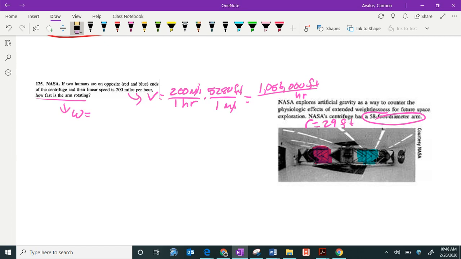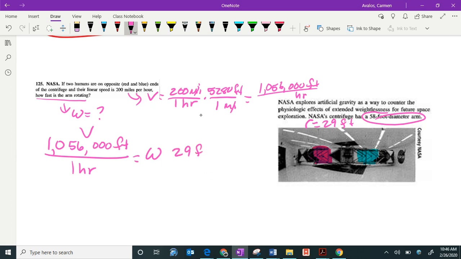So now how are we going to use that? Well, that's the linear speed that we're going to get there. And I know that I need to get to omega somehow. So I'm going to use the 1,056,000 feet in 1 hour. That's our V, and then that's going to go on there, and we're going to be able to do omega, and it's going to be the radius, and the radius is 29 feet.